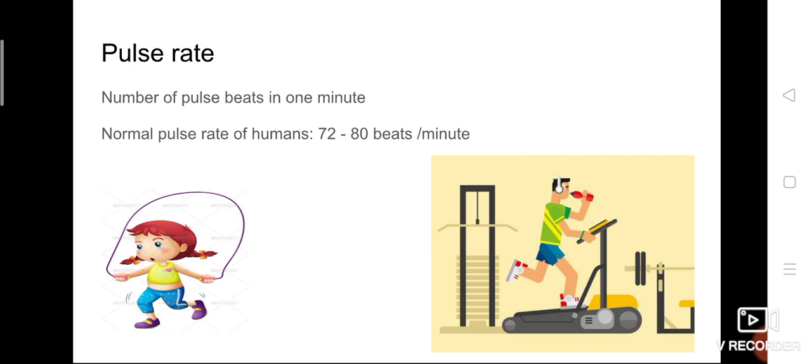So the heart pumps more blood to provide oxygen to the muscles. As I said earlier, for the oxidation of food, oxygen is needed, and that oxygen is supplied by the blood. So the heart pumps faster to supply more oxygen by blood. Due to that, during physical activities our pulse rate is higher and our breathing rate also increases, so it will definitely be more than 90 or 100. But in normal condition, the normal pulse rate of humans is 72 to 80 beats per minute.